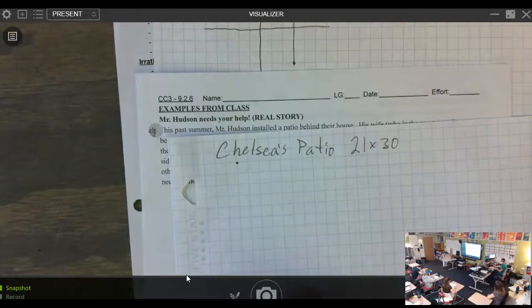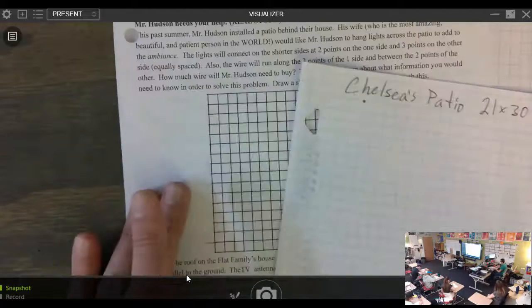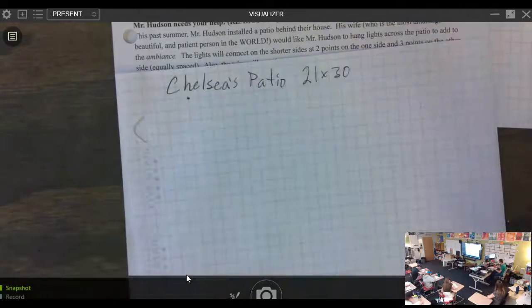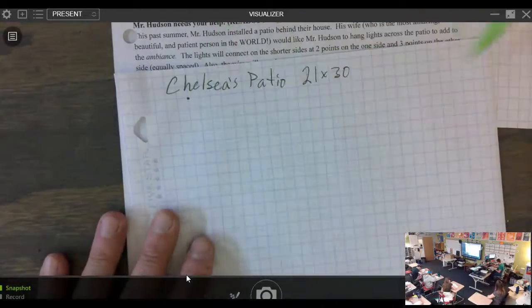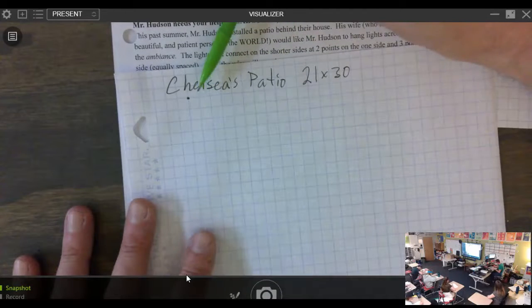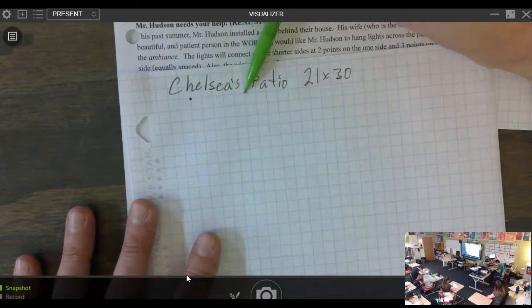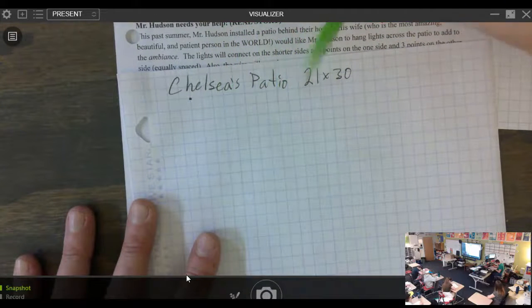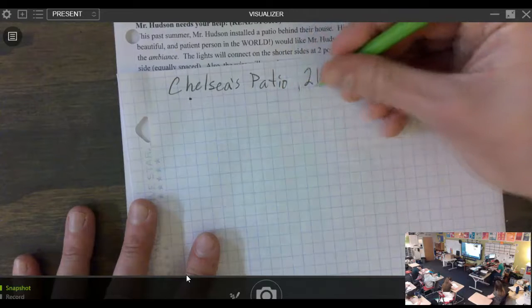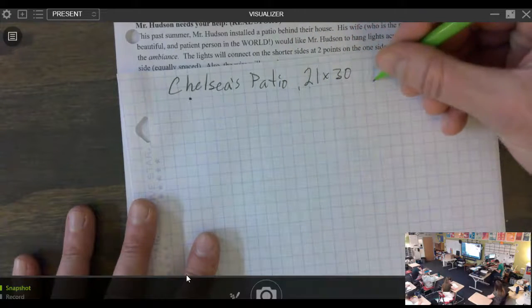So we got to draw it out first, either on the paper I gave you or on graph paper. I'm going to do graph paper and see if I have 30 boxes wide, but I doubt I do. Wait, 21 by 30?